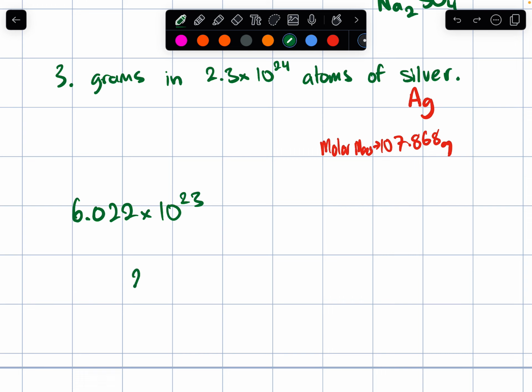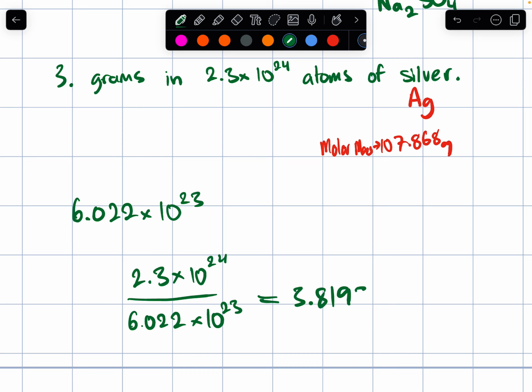So 2.3 times 10 to the power of 24 divided by 6.022 times 10 to the power of 23 equals, oh my days, hopefully my computer can do this. Divided by 6.022 times 10 to the power of 23 is 3.8193.